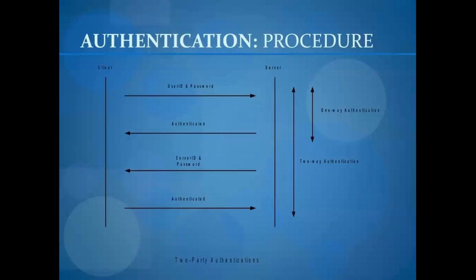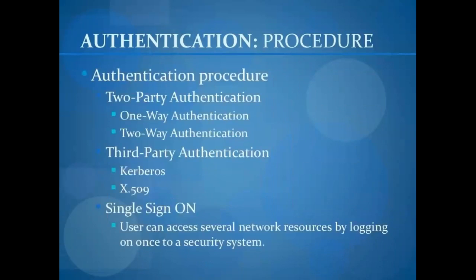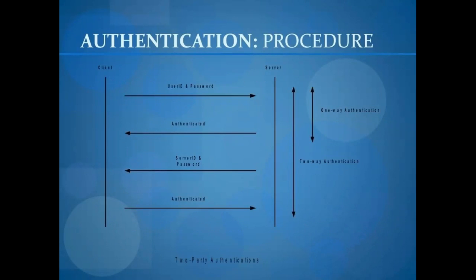Now this is a block diagram of party authentication. We can understand one-way authentication. One-way authentication means that just your client is there and your personal computer is there. Only user ID and password should be given in one-party authentication.